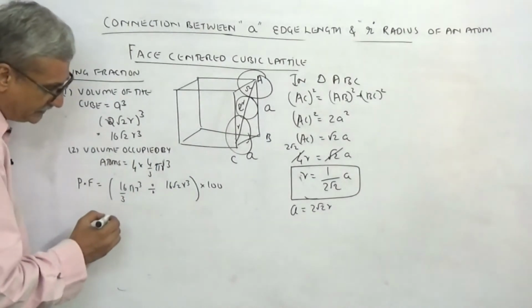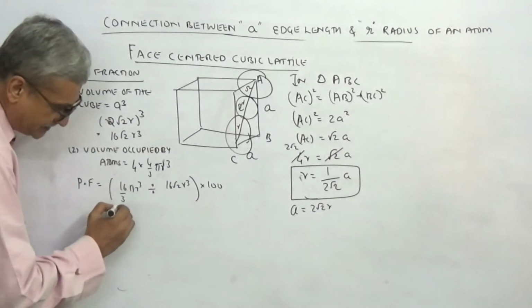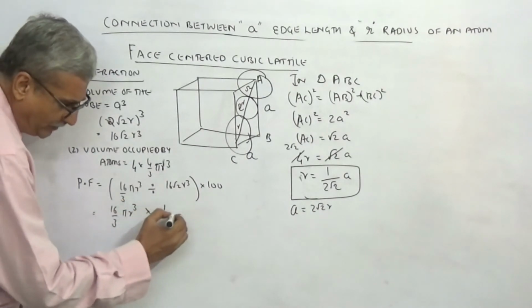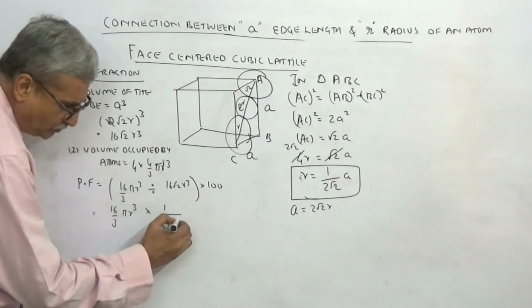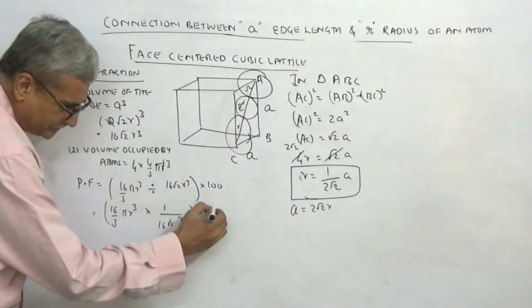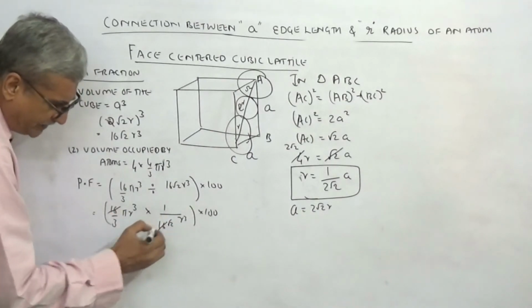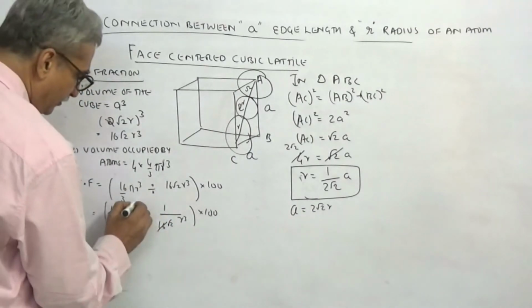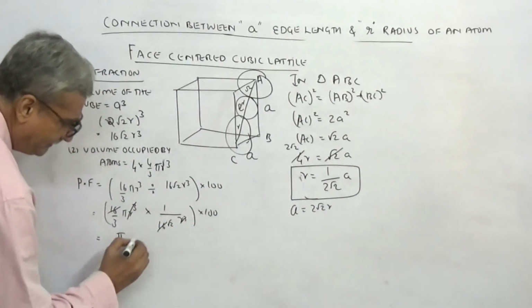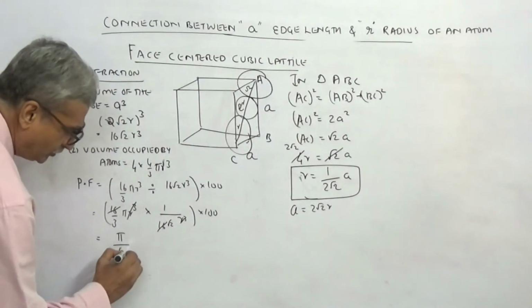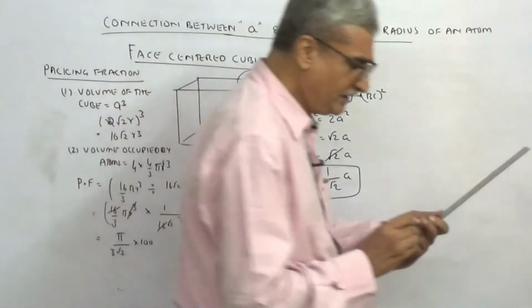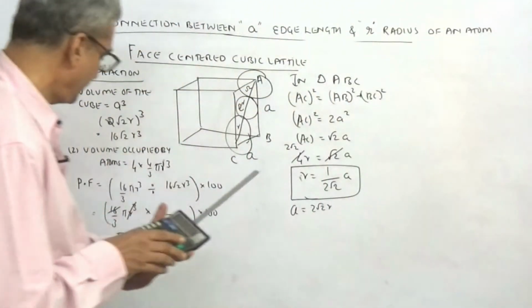So what will this become? This will be 16 by 3 pi r cube into 1 upon 16 root 2 r cube, into 100. The 16 cancels and the r cube cancels. So what are you left with? You are left with pi by 3 root 2, into 100.